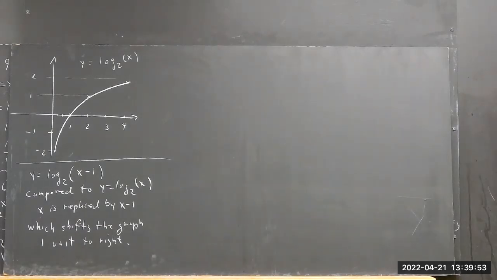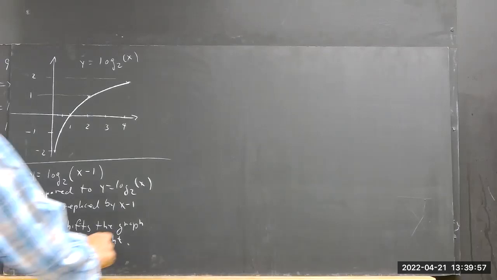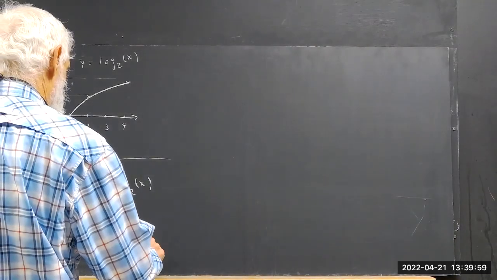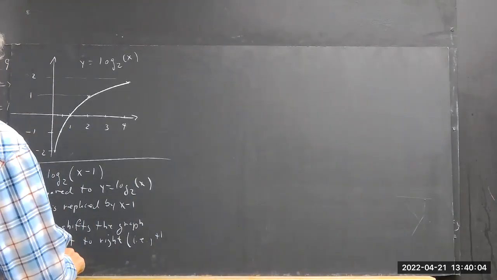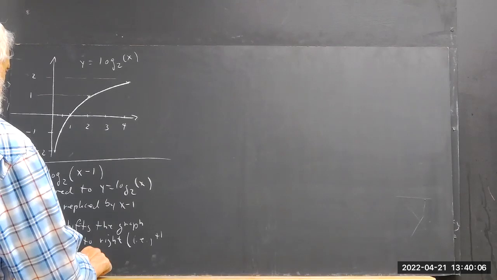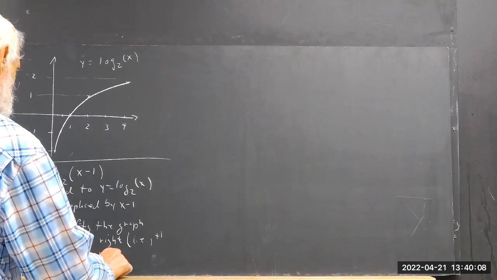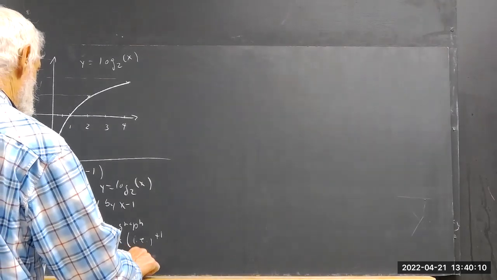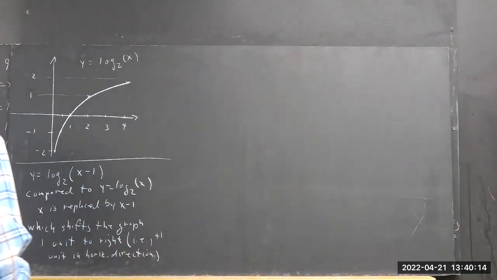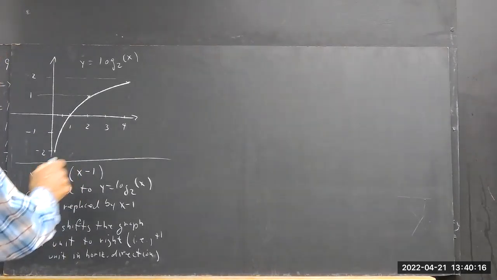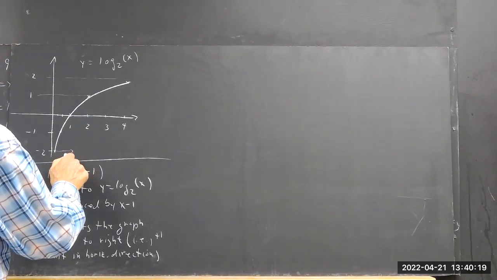Okay, plus 1 unit in the horizontal direction, right? So each of these points moves 1 unit to the right.